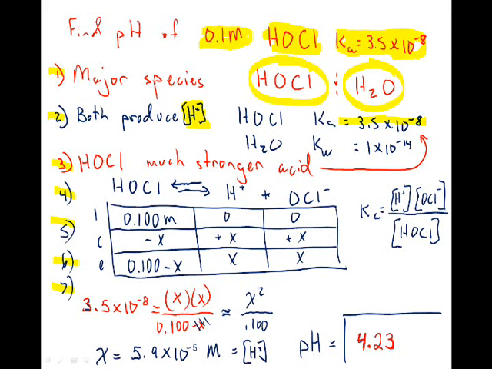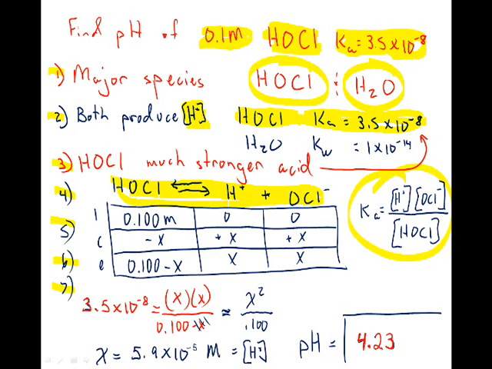Well, you'll notice that this Ka is so much bigger than the Ka for water that that's the only thing that's going to put significant amounts of hydrogen ions into the solution. So that's what we're going to look at. So we're setting up that equilibrium system and the ICE box for that equilibrium system. Here's the equilibrium expression for this system.